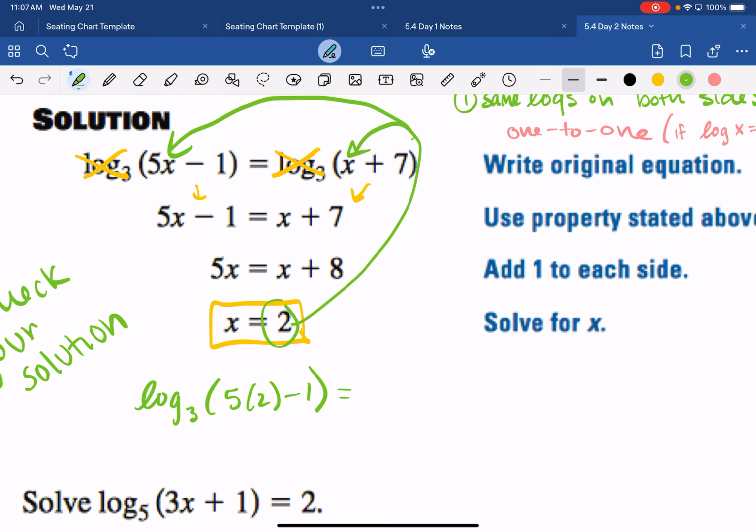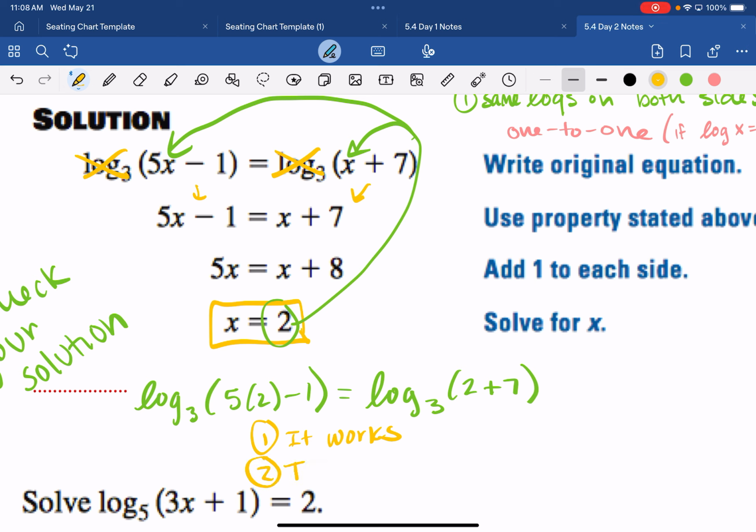You're probably going to get a decimal. Then you'll type in the other side. Now, one of three things is going to happen. First option, it works. This side ends up equaling that side. In that scenario, our solution works out.